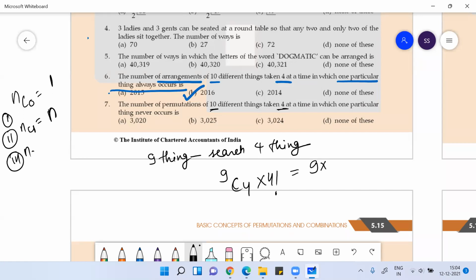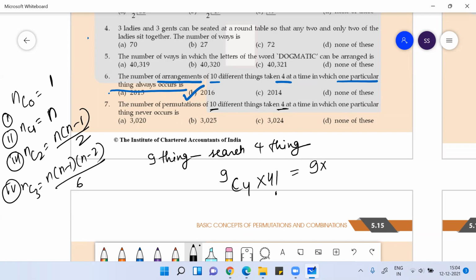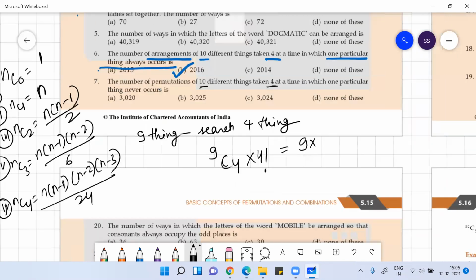Then NC2 would be n into n minus 1 by 2. Remember the formula. Then NC3 would be n into n minus 1 into n minus 2 by 3 factorial, which means 6. Similarly, NC4 means n into n minus 1 into n minus 2 into n minus 3 by 4 factorial, which means 24.